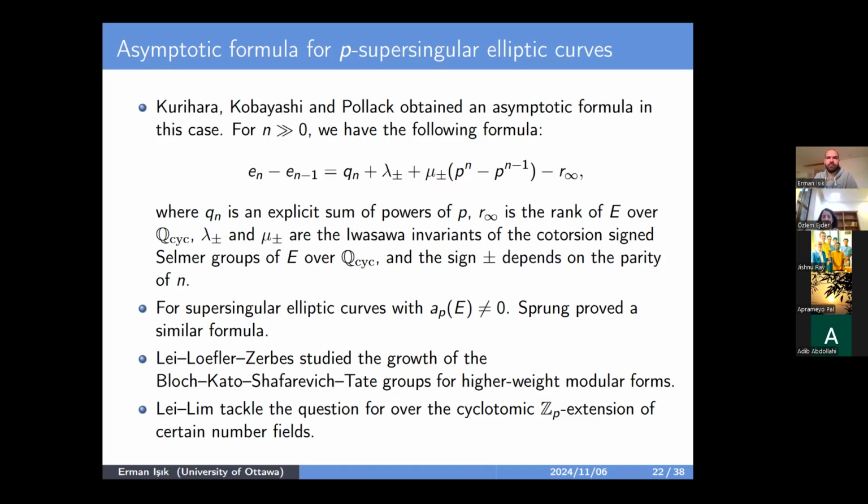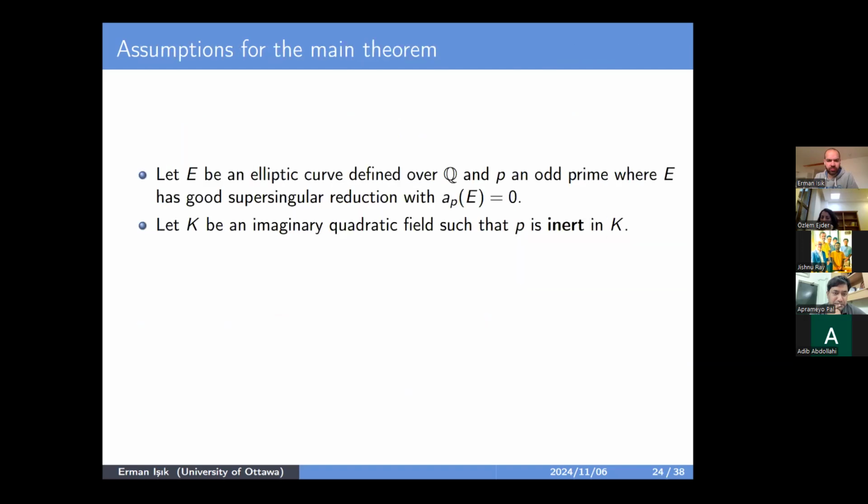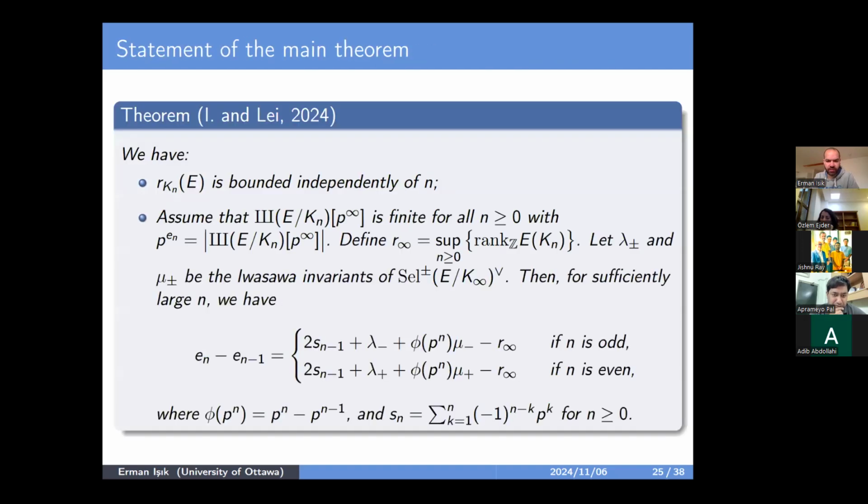For example, in the asymptotic formula, you see that if mu plus-minus is 0 and lambda plus-minus is 0, then still the growth of the Tate-Shafarevich group is not constant. It's not bounded. There's a lot of q^n here. It's always there. But in the case of the signed Tate-Shafarevich group, this power q^n can vanish, I guess. Maybe I can open the formula so we can follow easily.